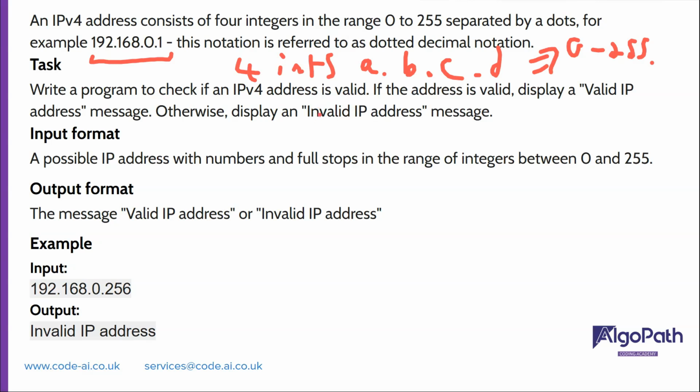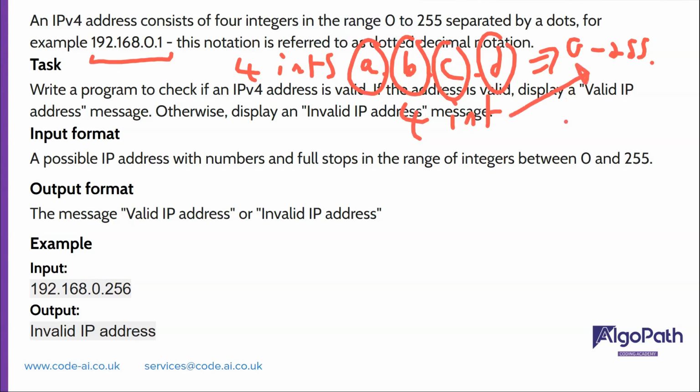And as you can imagine from the information I've just given you, to have a valid IP address, all we need to do is make sure that we have 1, 2, 3, 4 integers, and that those integers are in the range of 0 to 255.